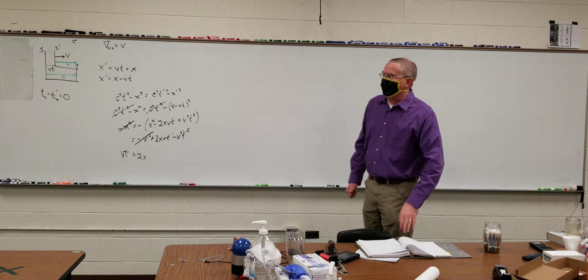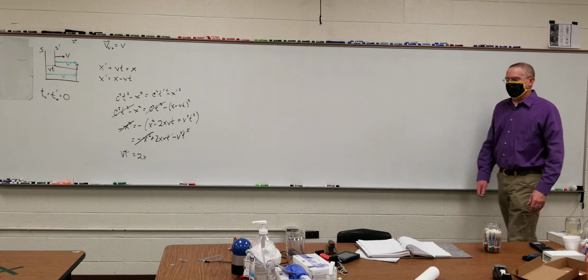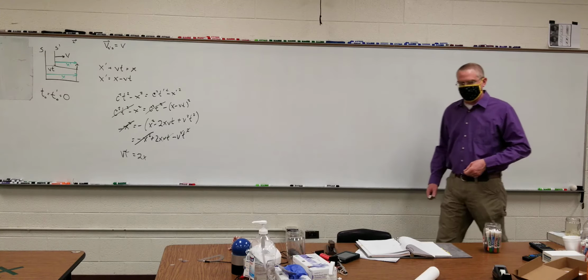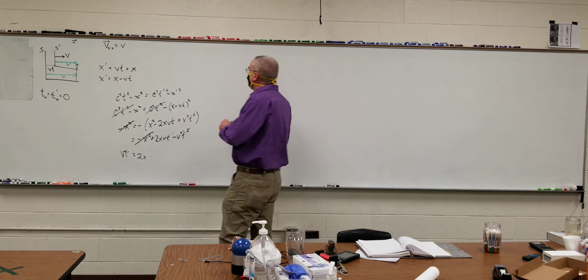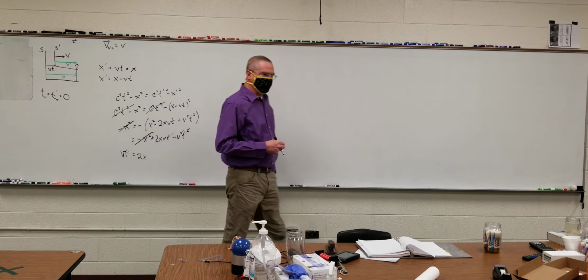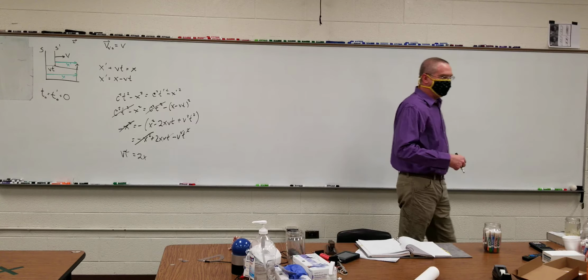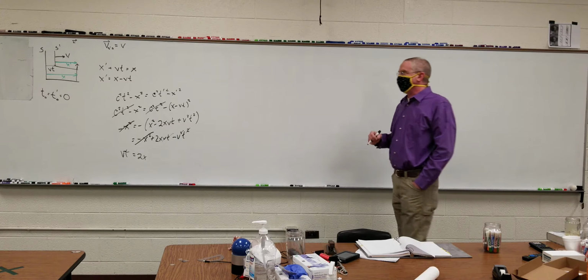All right, we will start out with an assumption. I'm going to hand wave through why this is a legitimate assumption, just because there are plenty of things to go over. I am going to assume that there's a linear relationship between x and x prime, as there is between t and t prime.